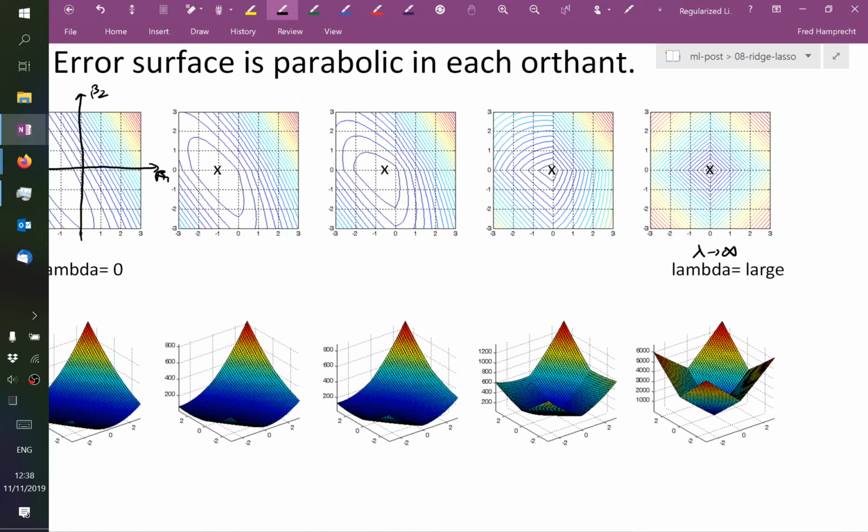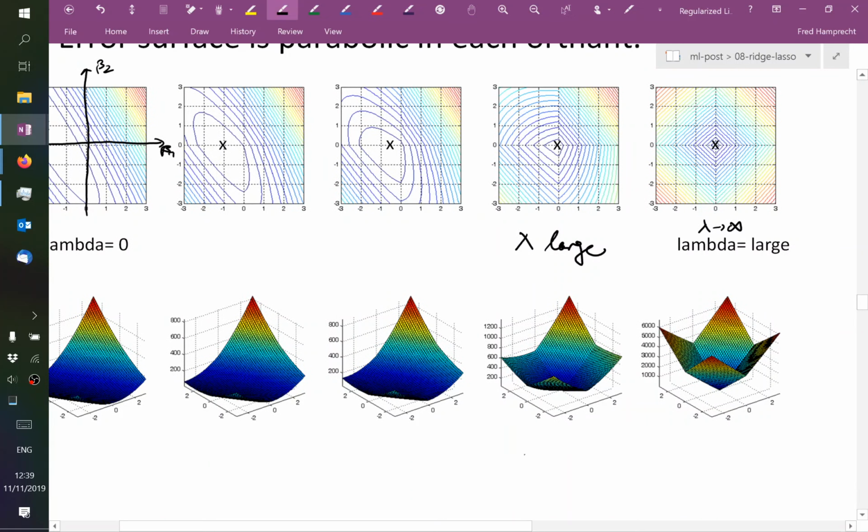So I get 4 different parabolae which match up at the boundaries. You see the isocontours are nicely continuous at the boundaries of the orthants. In each orthant it is a parabola, but here the minimum also happens to be at 0. So here lambda was large, and the optimum solution still is to set both beta 1 and beta 2 to 0.